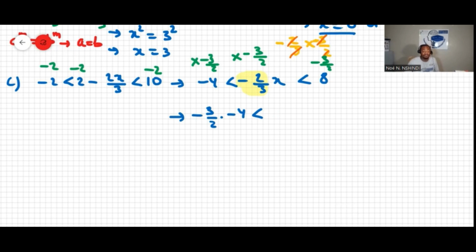Remember when we multiply with a negative number, the inequality changes; it switches. Instead of being less than, it will become greater than. So it becomes greater than x, and also here the less than becomes greater than 8 multiplied by -3/2.